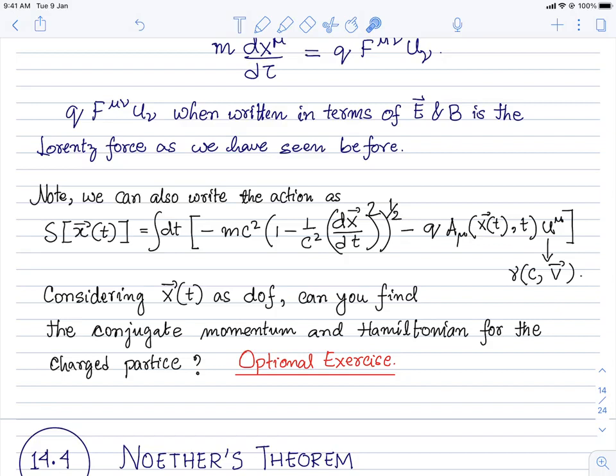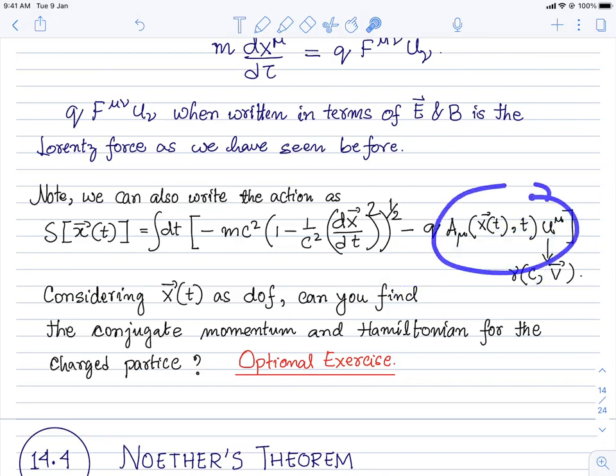But now there is this additional term. You can think of this as x of t and t, and also this u^μ, if you remember, is nothing but gamma times (c, v). A^μ has components φ by c and the vector A, with a minus sign for the one that is below.